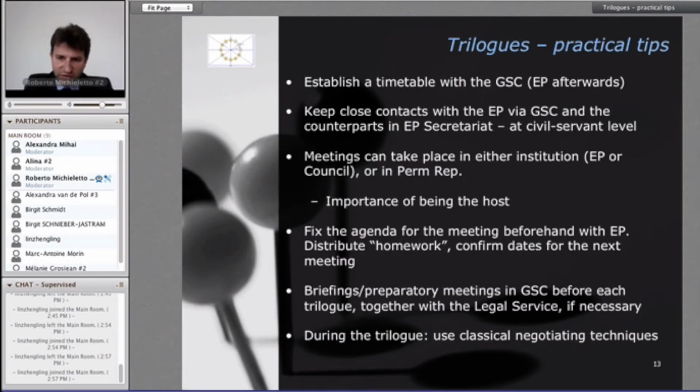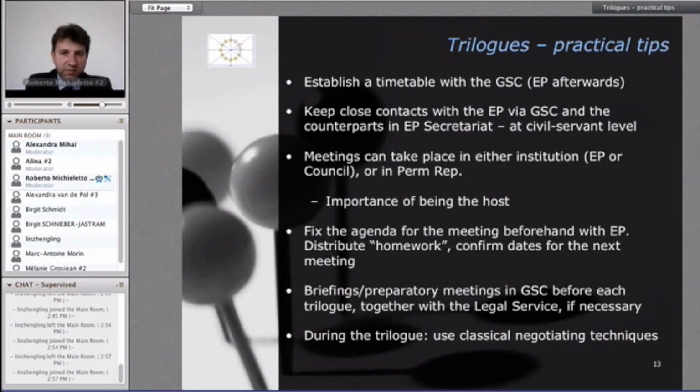So these are practical tips, just for the presidency, to remind them that it is extremely important to have this contact with the European Parliament and the Council. Why? Because when we say there are no time limits, it doesn't mean that the European Parliament freely decides its first position.